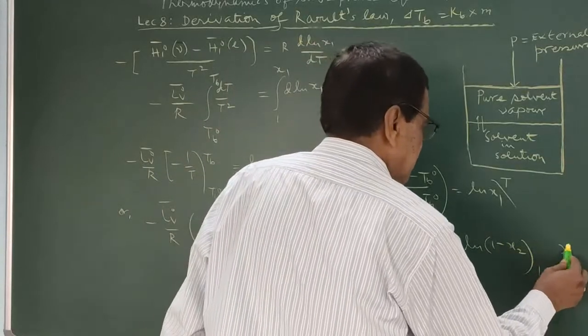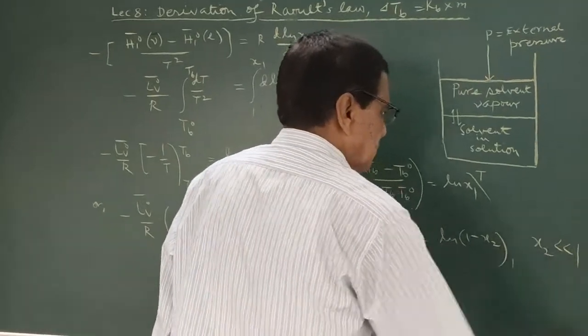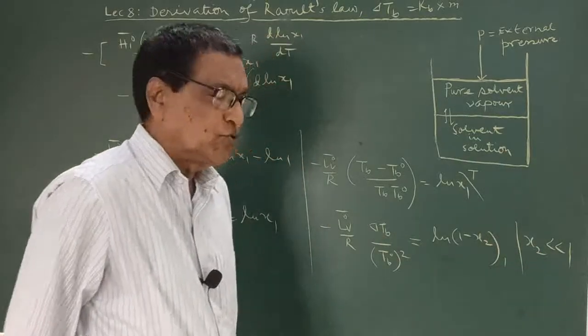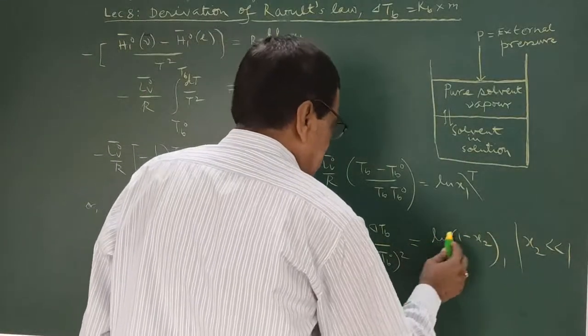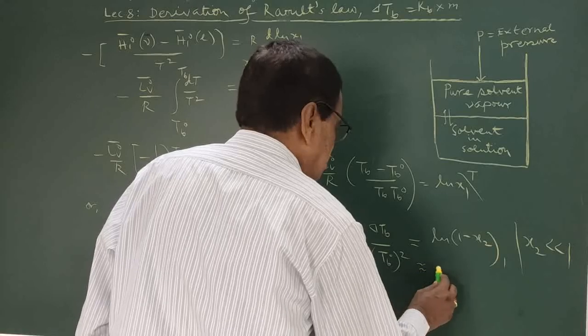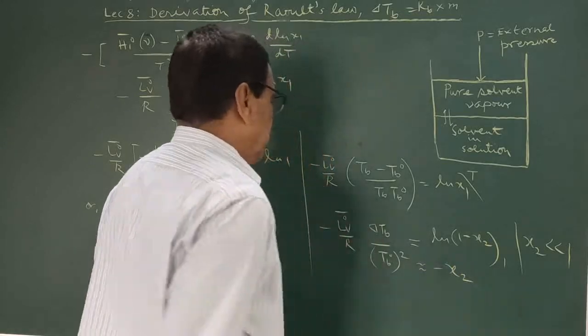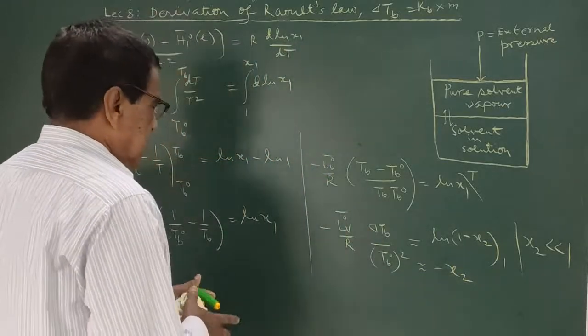Since x2 is much less than 1, the solution is very dilute, so ln(1 minus x2) could be written as minus x2. So the relation comes like that.